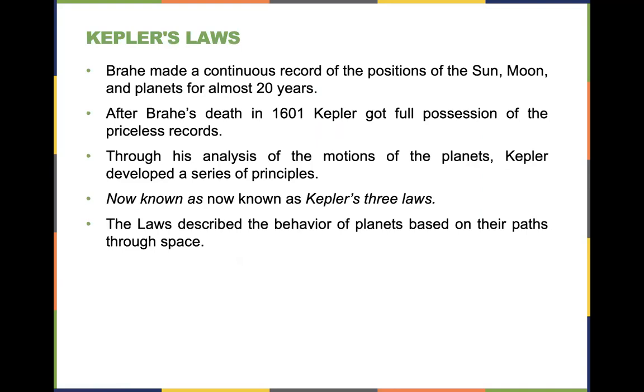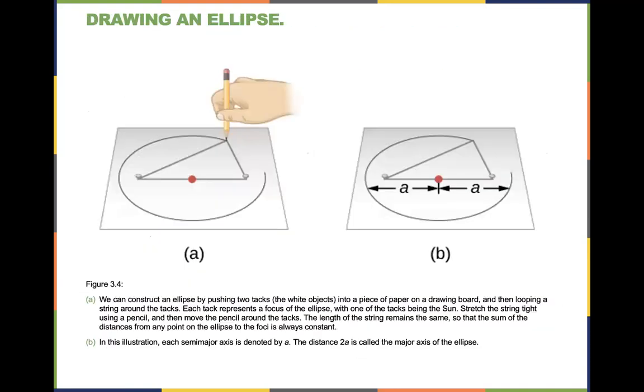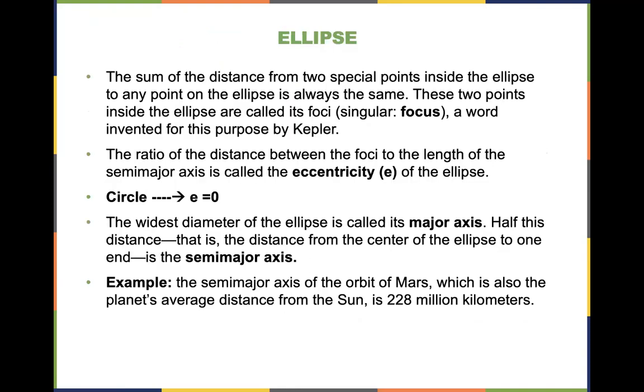So Kepler found three laws which are directly related to planetary motion. The first law is that he found all the planets in the solar system are going around the sun in elliptical orbits. That is his first observation.